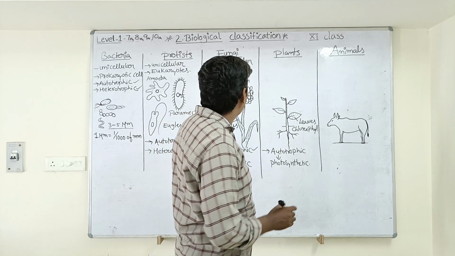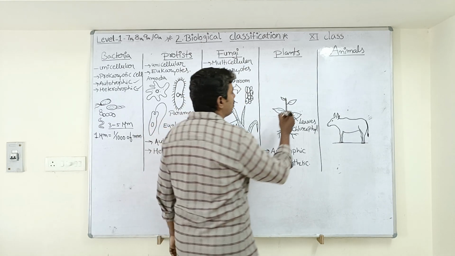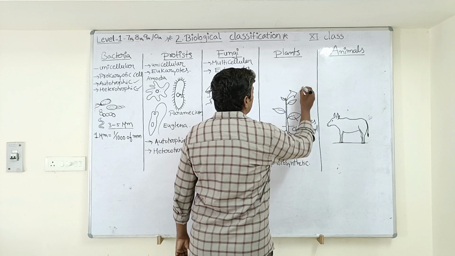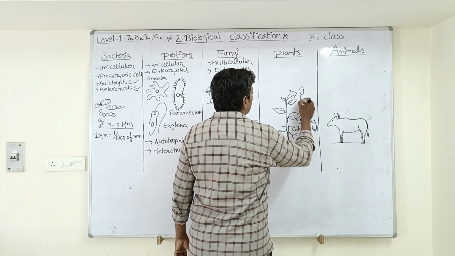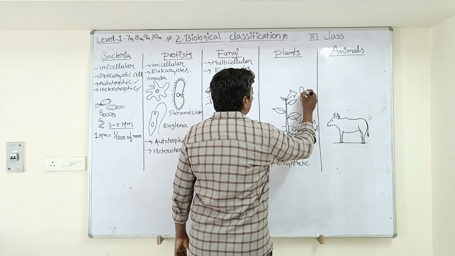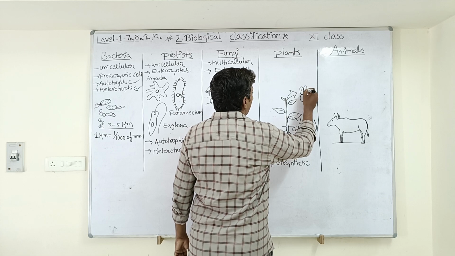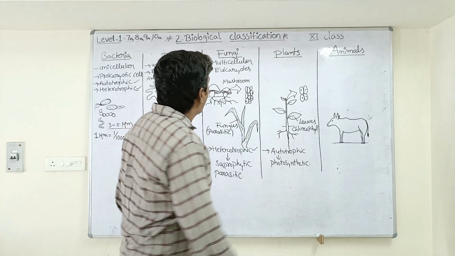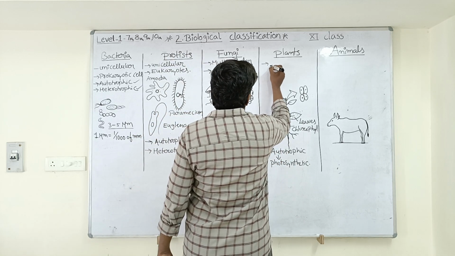Next, what about their body? Their body is made up of many cells. Many cells are present inside the body of plants and each cell has a nucleus. So they are multicellular organisms.